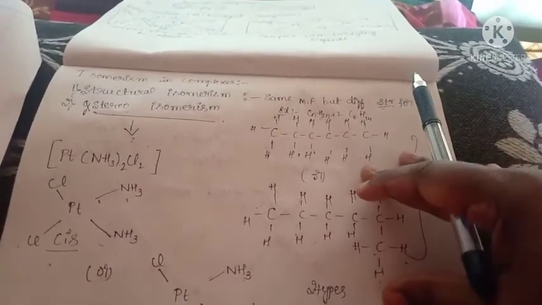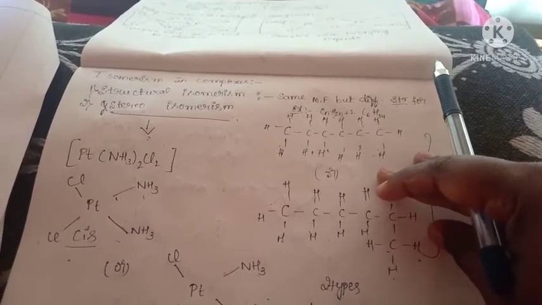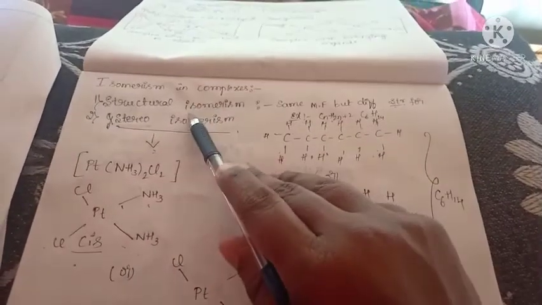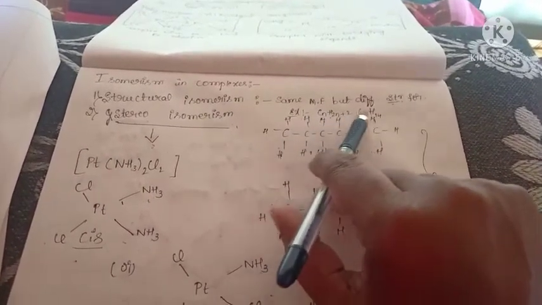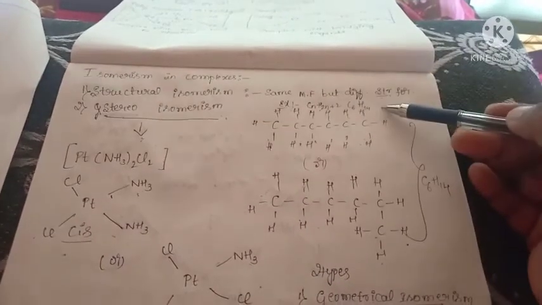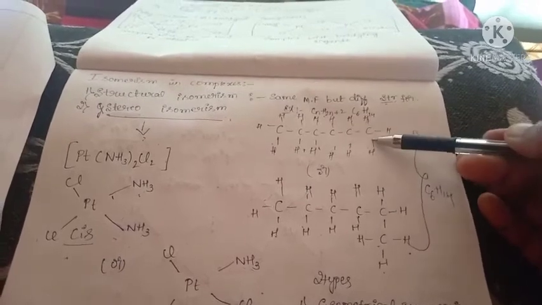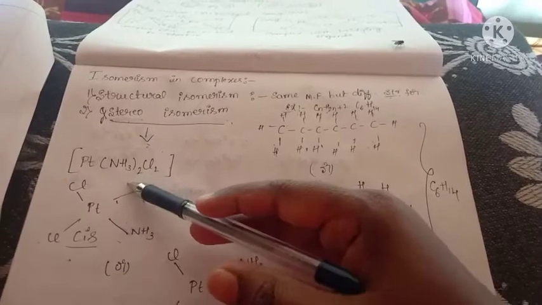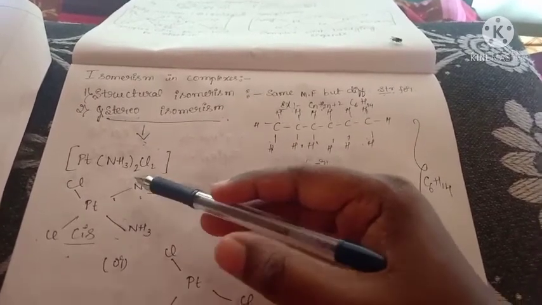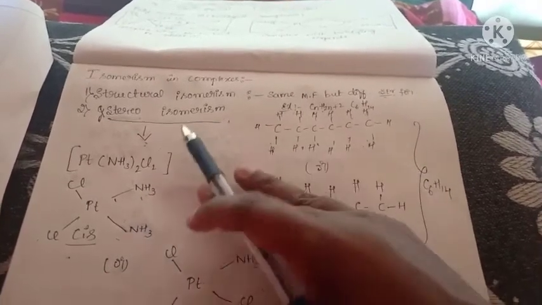Next, isomerism in complexes. Isomerism means same molecular formula but different structural formula. In stereoisomerism, the groups or atoms present in the stereoisomers are in different positions.